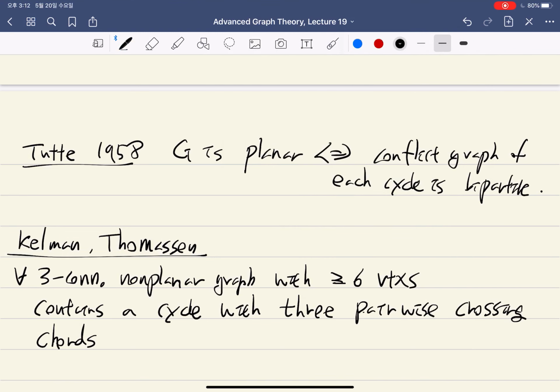And by using that, there are various fast algorithms for testing planarity of a graph.